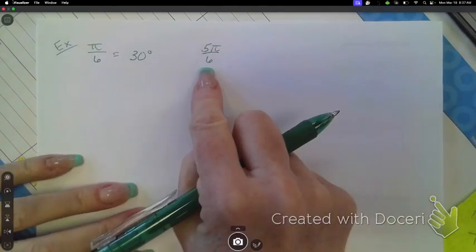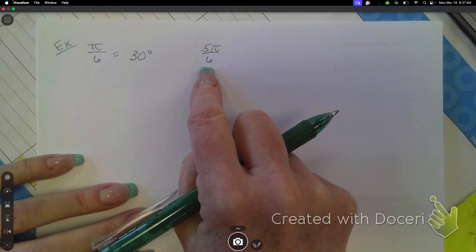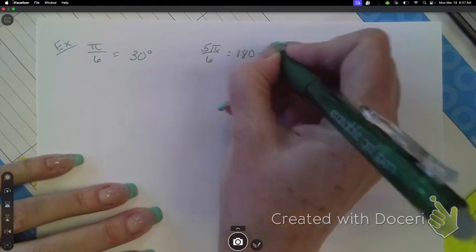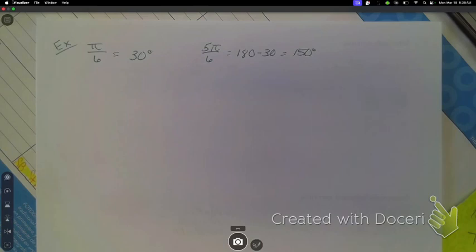Still 30, but what quadrant am I in? Second. So we do 180 minus 30, so 150, and that's what you were doing in your head, right? So still work on those exact values because those you have to know. That's on that big table. You get that soon, this week or next week.